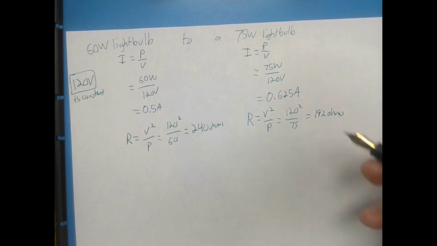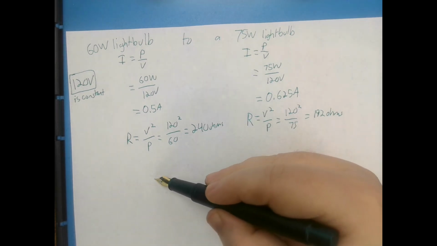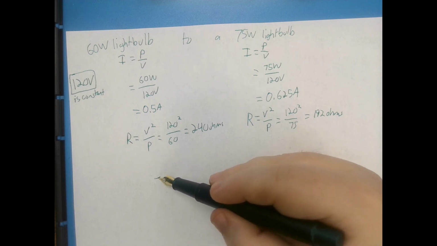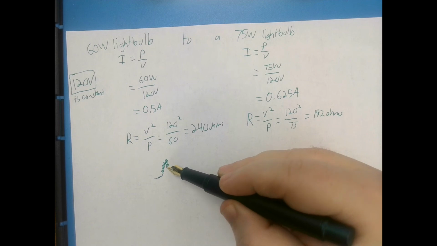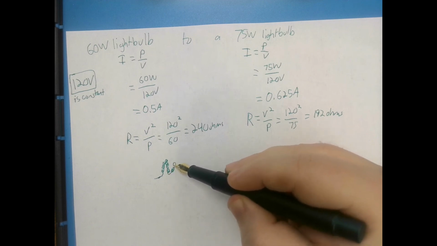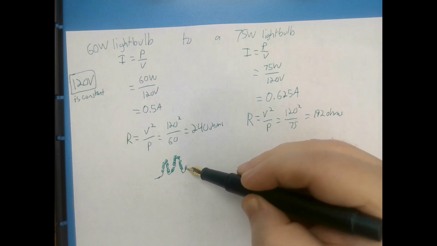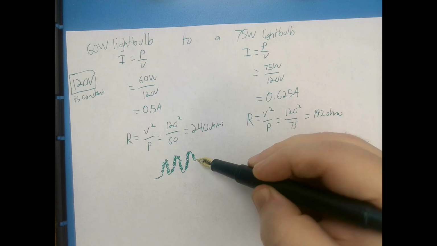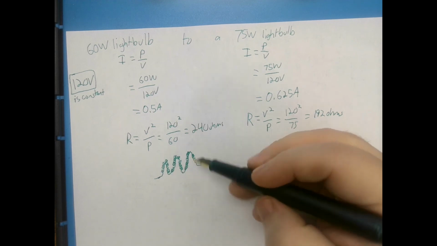And that's really what these light bulbs, or at least the old ones, were. You basically take a very thin filament. Remember, the thinner the wire is, the more resistance it has. All the old light bulbs were is a very thin wire, very windy.